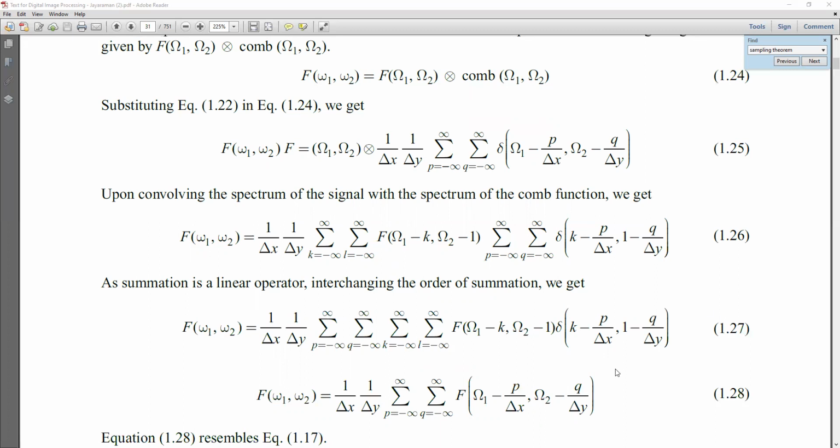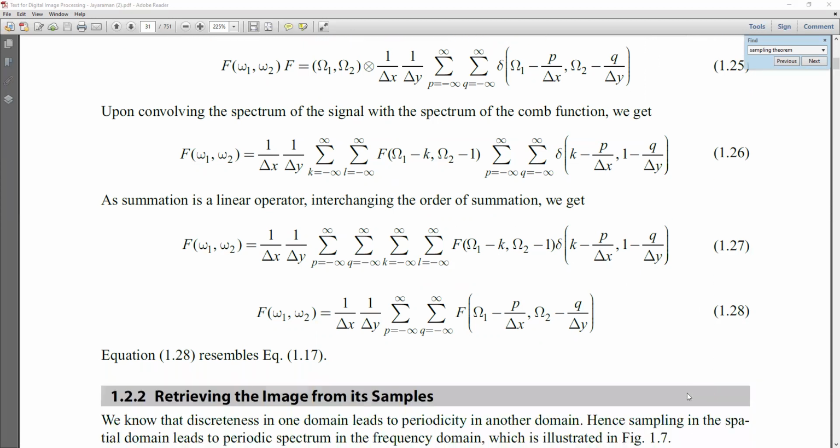So this one becomes 1 at k equal to p by delta x and L equal to q by delta y. So substitute k equal to p by delta x and L equal to q by delta y in this equation, and this term becomes 1. So this will be your final expression.